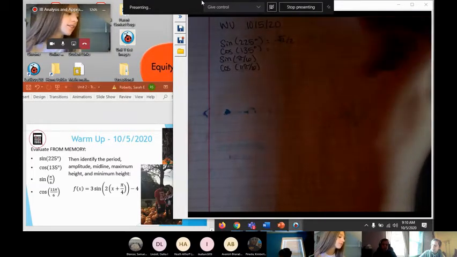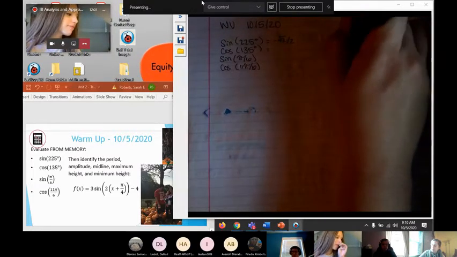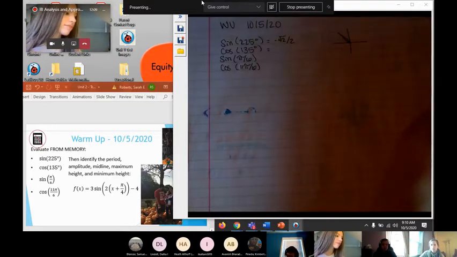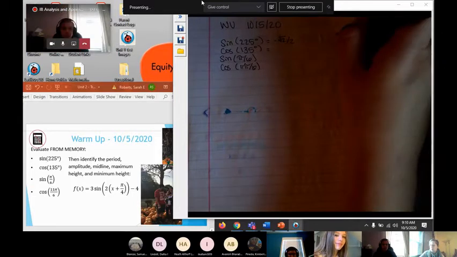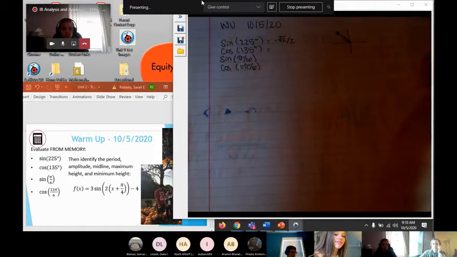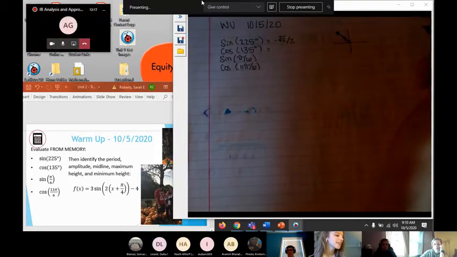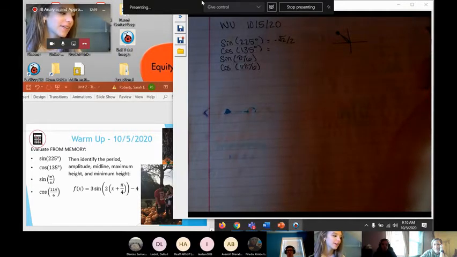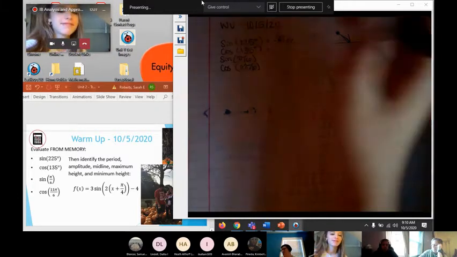And 135 is going to be in this second quadrant right here. Are we doing the x or y value? The cosine is x. Well, it's negative square root of 2 over 2. Good. Thank you.